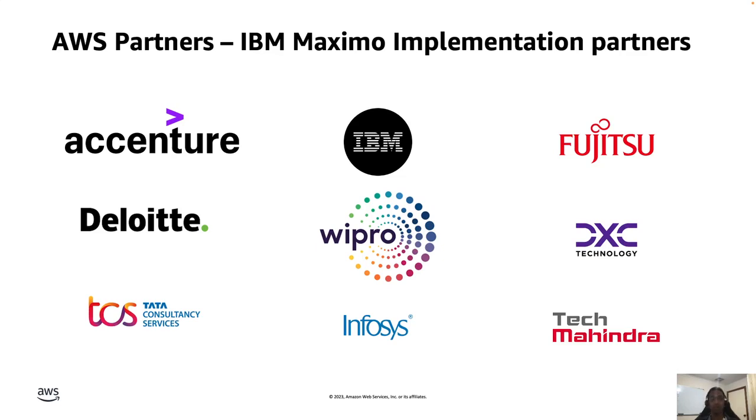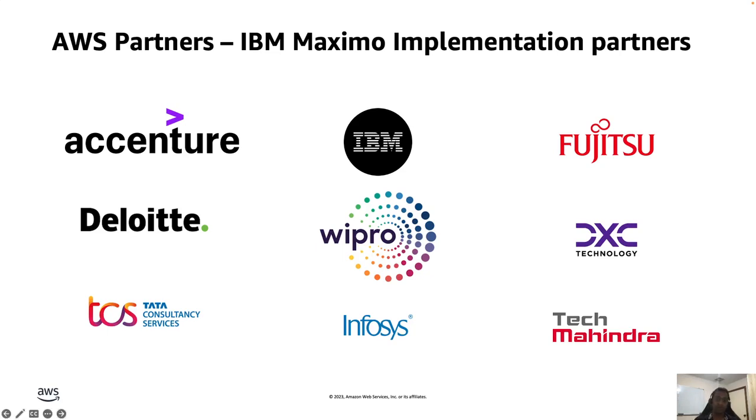On display on the slide are a number of our partners that are both AWS partners as well as IBM Maximo implementation partners, and in this scenario where customers are looking to migrate from or upgrade from Maximo 7 to MAS 8, taking the help of the partner to do that initial migration is a great choice for customers.